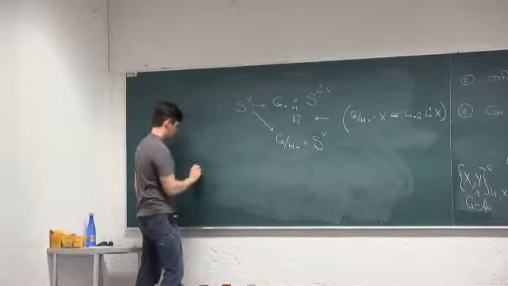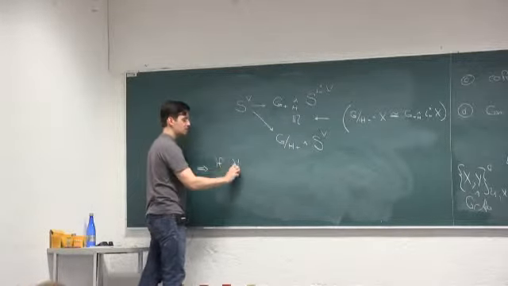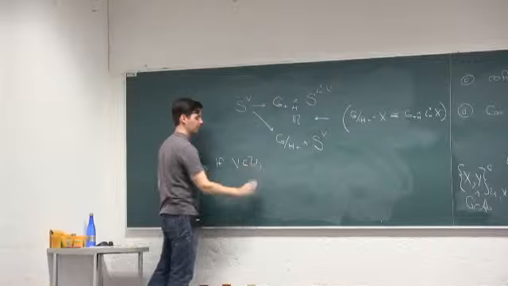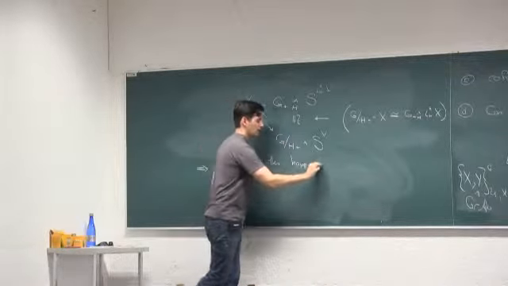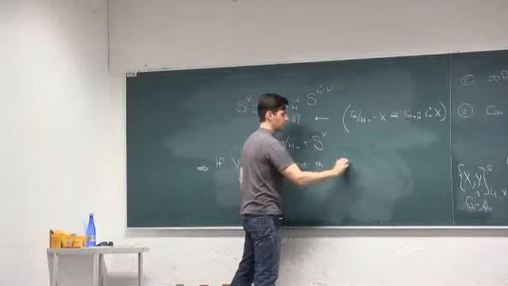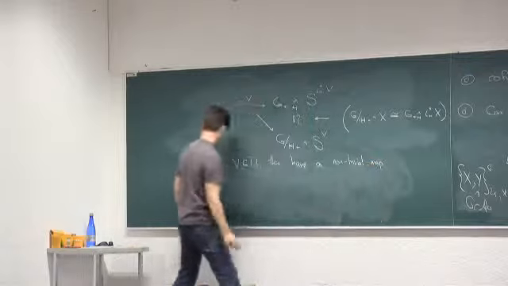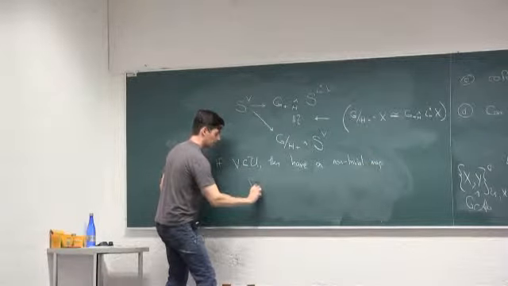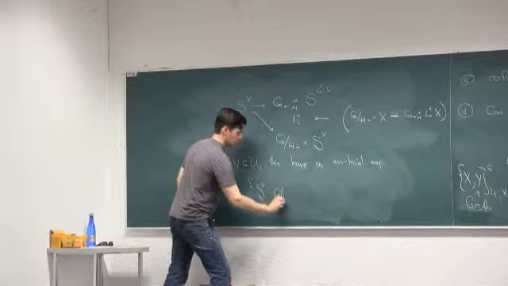So what's this tell me? It says that if V is in my universe, then we have a non-trivial map which goes from the zero sphere to G mod H plus.